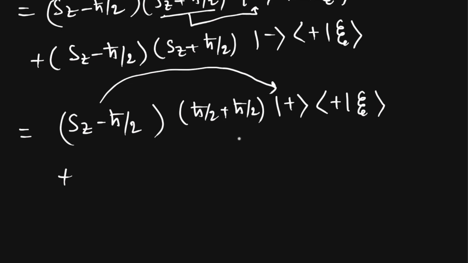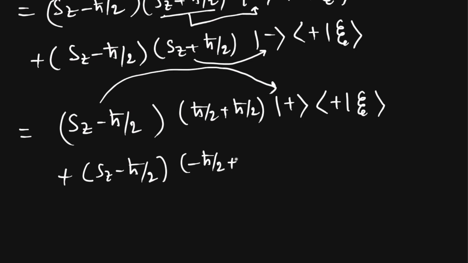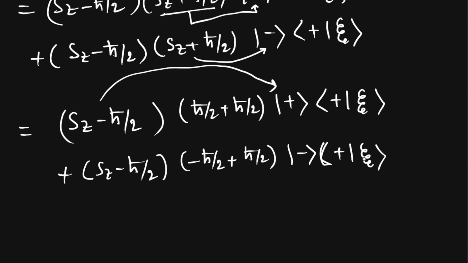Now in the second term, Sz minus h by 2. First this term will operate and give us minus h cut by 2 plus h cut by 2 on minus psi.